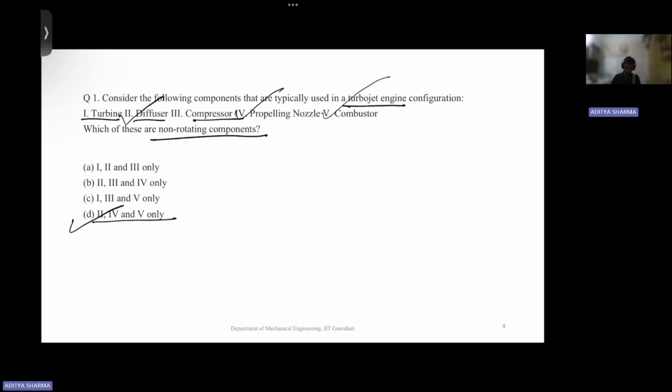You see the options. Option D comes out to be the correct option.